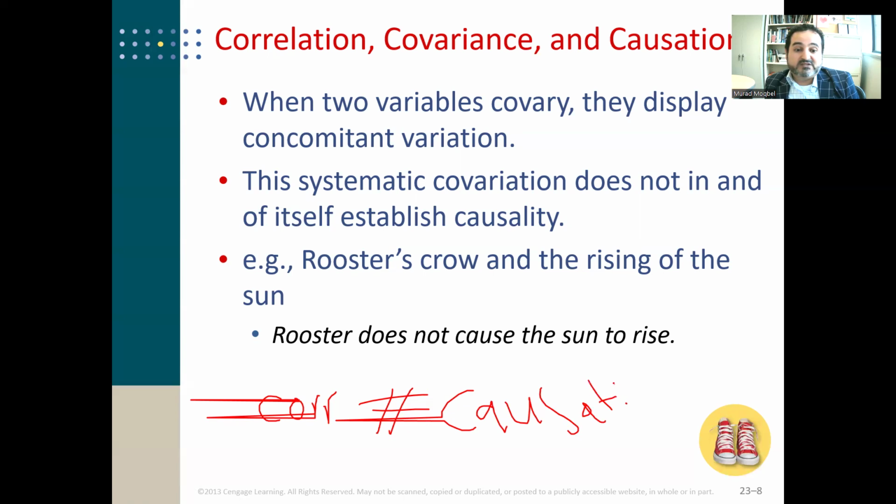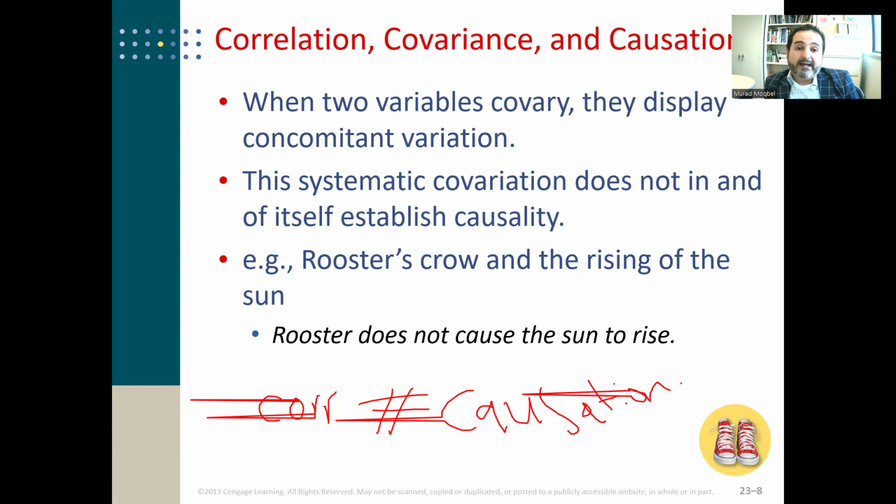That's very important. So what we mean by that is that, for example, my age is correlated with the price of gas. It doesn't mean my age caused the price of gas to go up because it doesn't make sense, right? So it is a correlation, but it's not a causation.